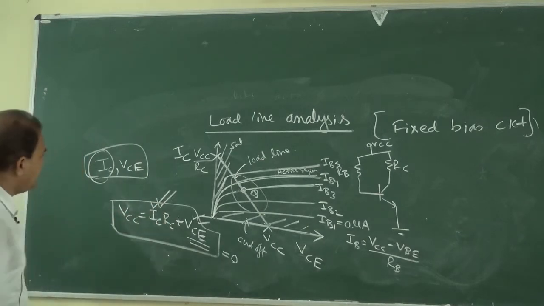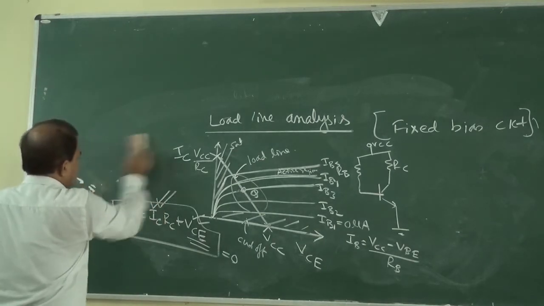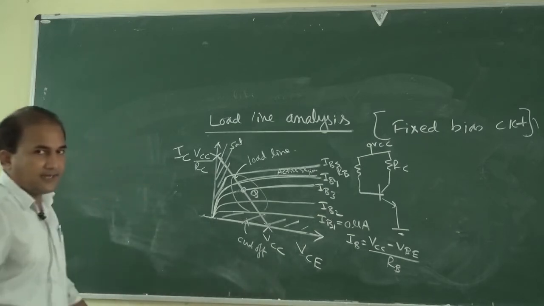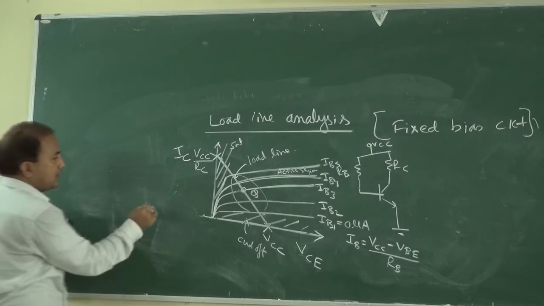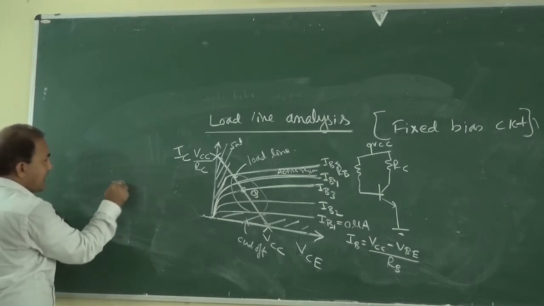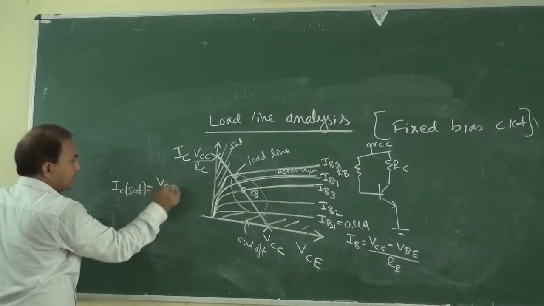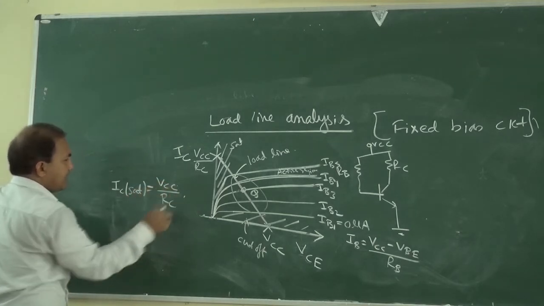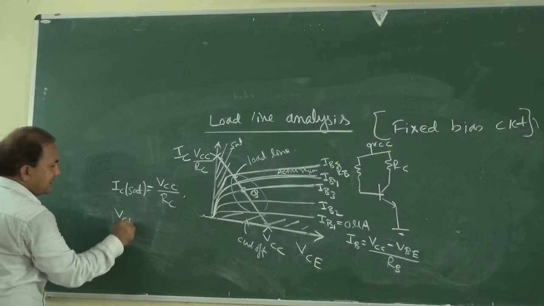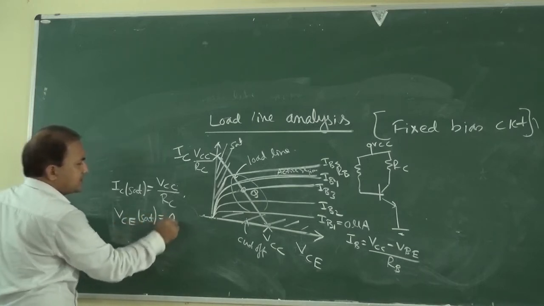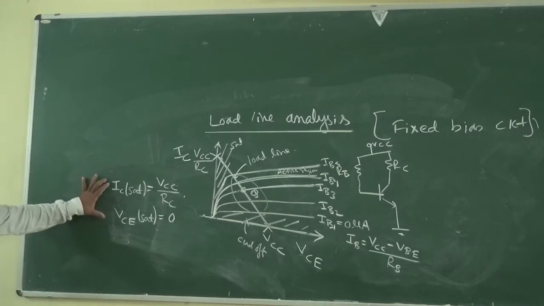Now in the saturation region, IC saturation is equal to VCC by RC, and VCE in saturation is equal to 0. This is the condition.